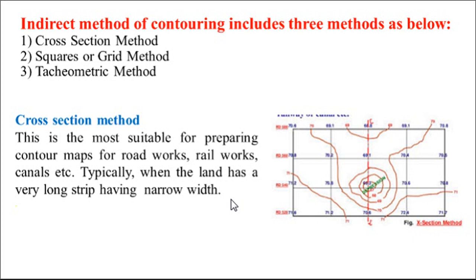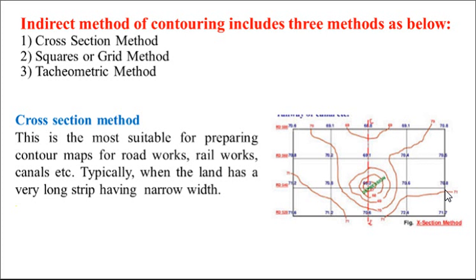This method is most suitable for preparing a contour map for roadways or railway work or for the construction of a canal. Typically, when the land is a very narrow strip having narrow width. Now see, in this map, this is the width of that strip, and this strip may be 1 kilometer, maybe 2 kilometer, maybe 10 kilometer, or maybe 100 kilometer, depending upon the length of that project.